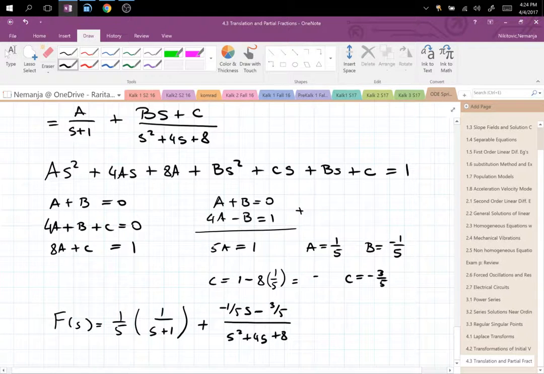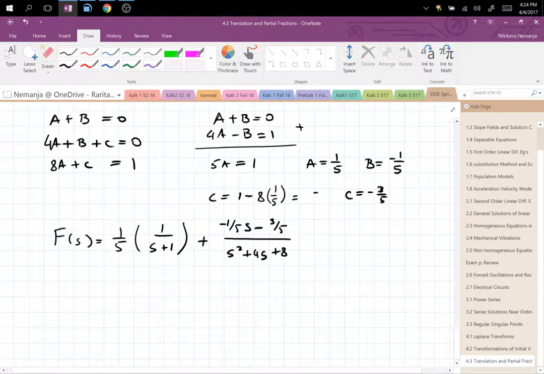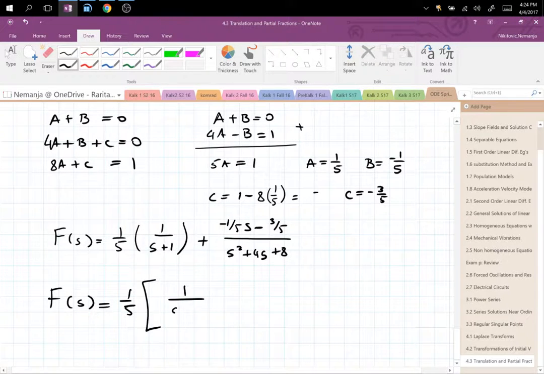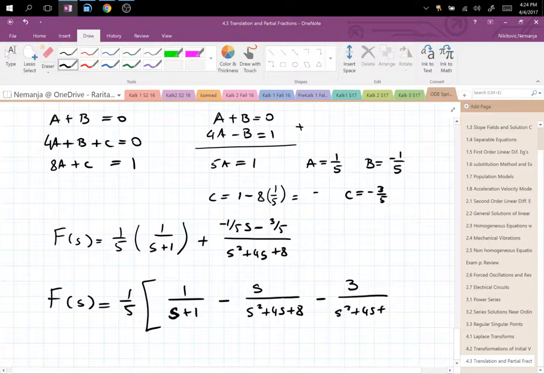Now I'm going to factor out 1/5 in front of the entire expression. So F of s is equal to 1/5, and now I have 1 over s plus 1, minus s over s squared plus 4s plus 8, and another minus for 3 over s squared plus 4s plus 8.